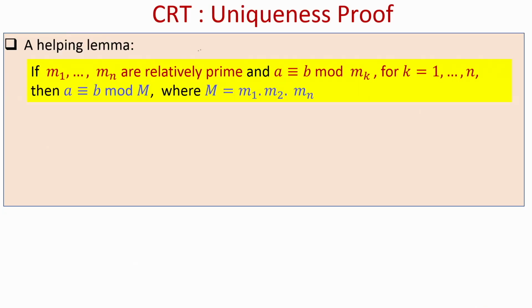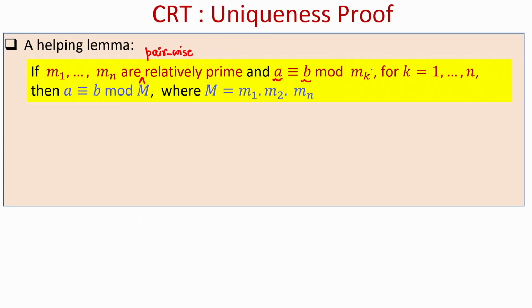Imagine you are given n moduluses which are pairwise relatively prime. That means, you take any pair of moduluses mi and mj, they are co-prime to each other, and suppose you are given two numbers a and b which are congruent with respect to all the n individual moduluses.